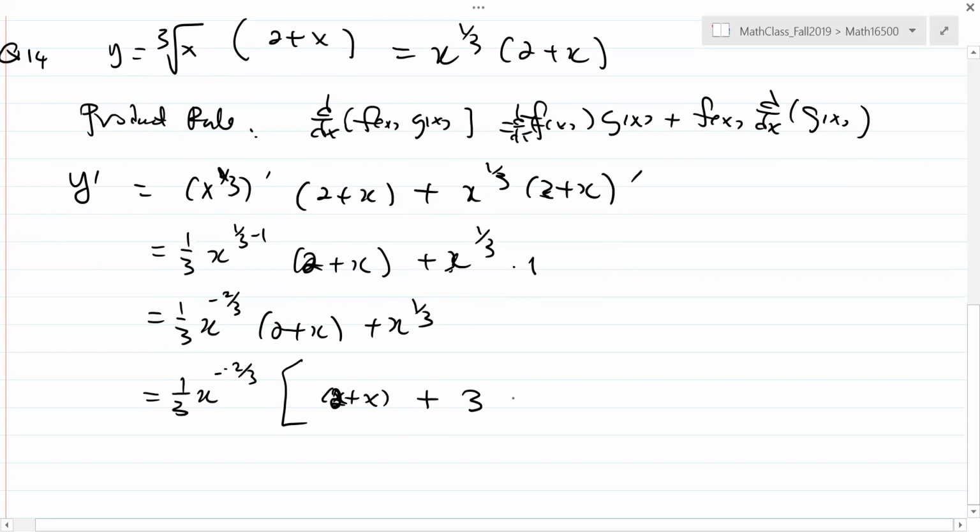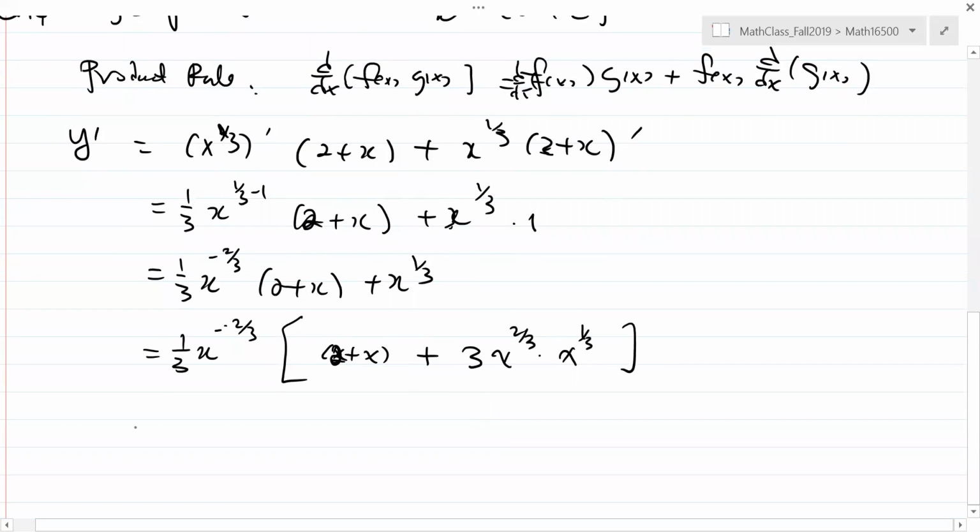And then you should have x to the 2/3 times x to the negative 2/3, and what you get is just x. So you get 2 plus x plus 3x, 4x. I think that looks better. Why do we have to do like that?